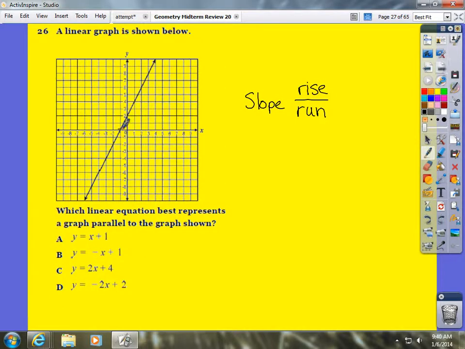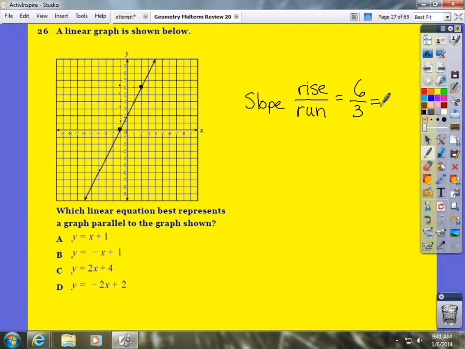I've got 1, 2, 3, 4, 5, 6. My rise is 6. So if I go up 6 and then my run, that's 1, 2, 3. I've got 6 over 3, which reduces to 2 over 1, which just reduces to 2.